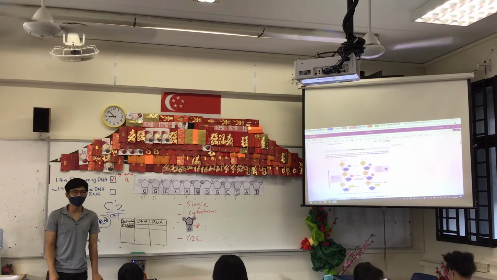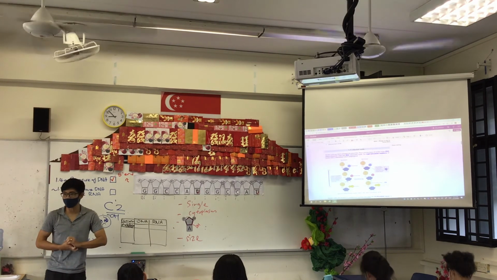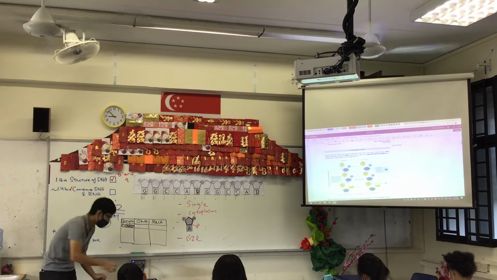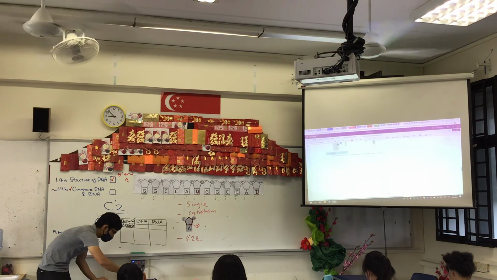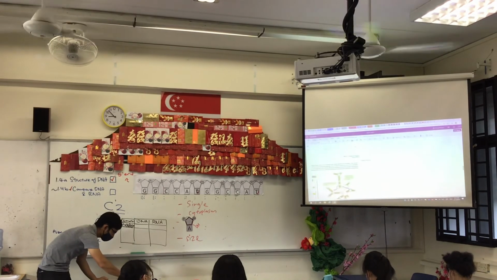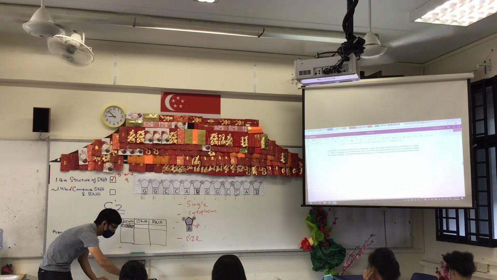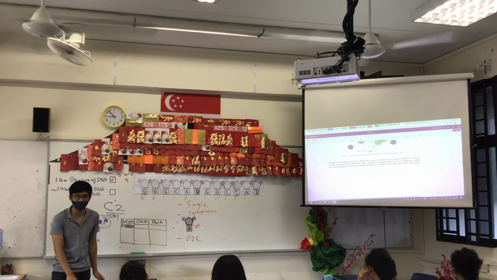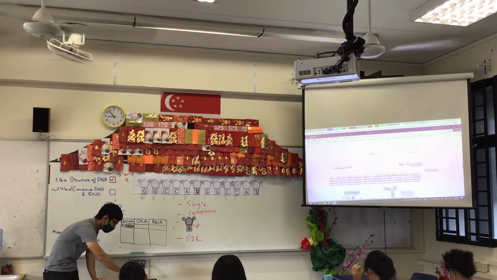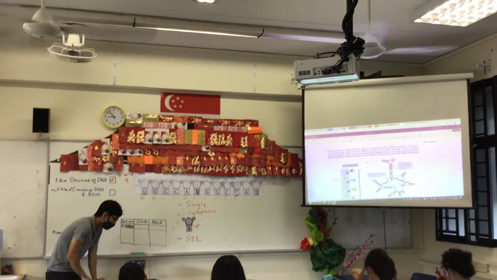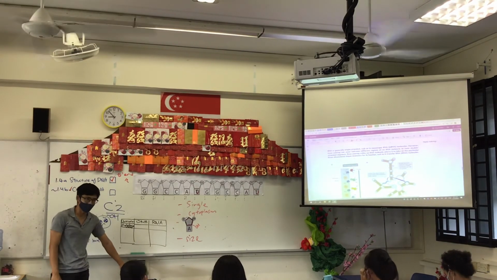Can I get you to touch up your notes for the topic of nucleic acids? You can go to your notes, and if you scroll down to the segment of RNA, you could include these points of comparison between DNA and RNA. Scroll a little bit more. They've also provided you some comparisons.